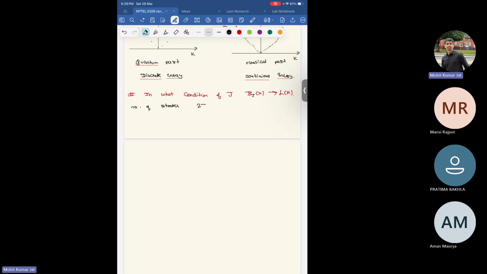We know that the number of states is 2j plus 1, and if you have to increase the number of states, j has to be very large compared to 1.